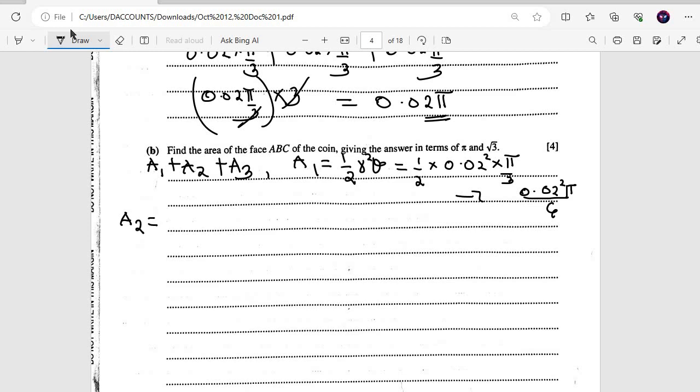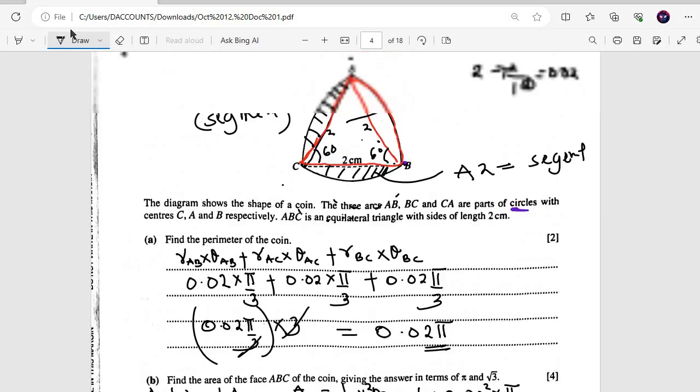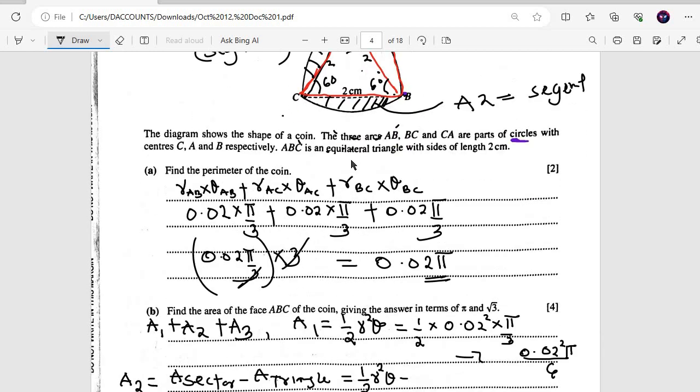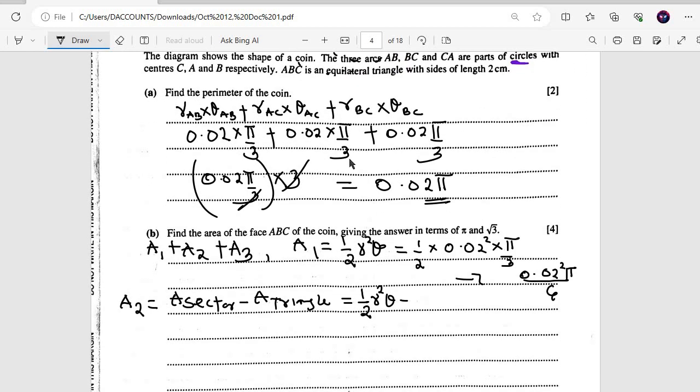Let me get my A2. Like I said, A2 is a segment. What is the area of a segment? Area of a segment is area of the sector minus area of the triangle. That's the formula for area of a segment. The sector, as you all know, is half r squared theta, while the triangle in question is an equilateral triangle.